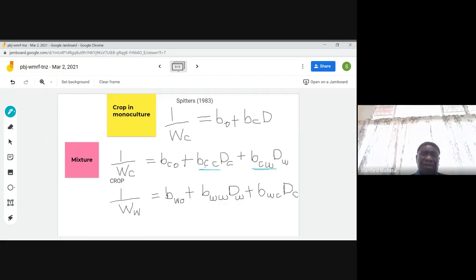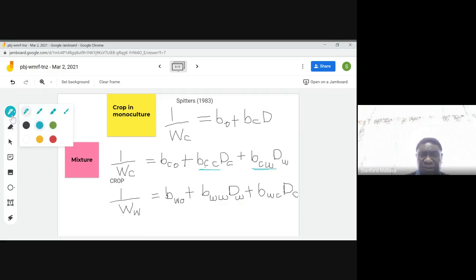Now, these two slopes can actually tell us about the type of competition which is taking place within the mixture. I'll also underline this for the wheat. Let me use a brown color.